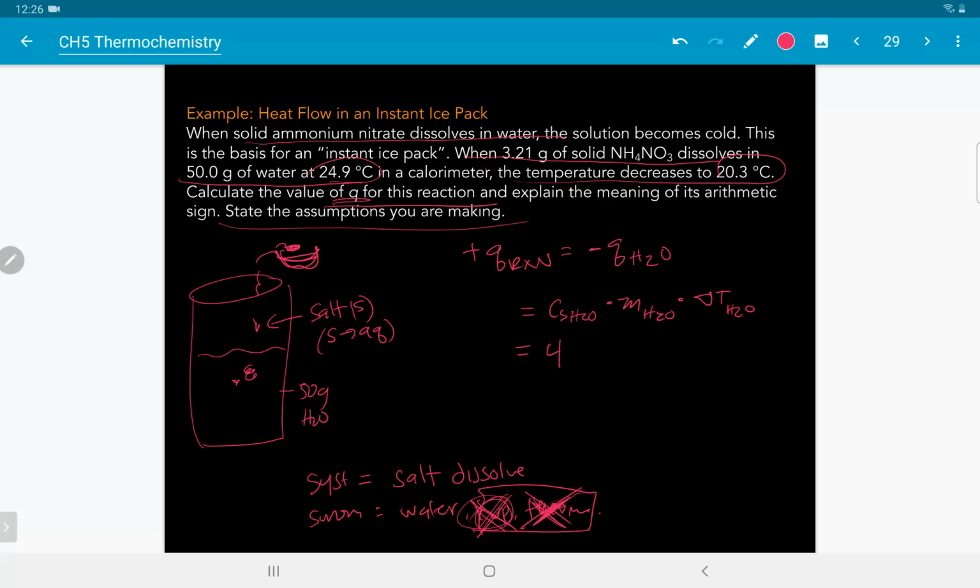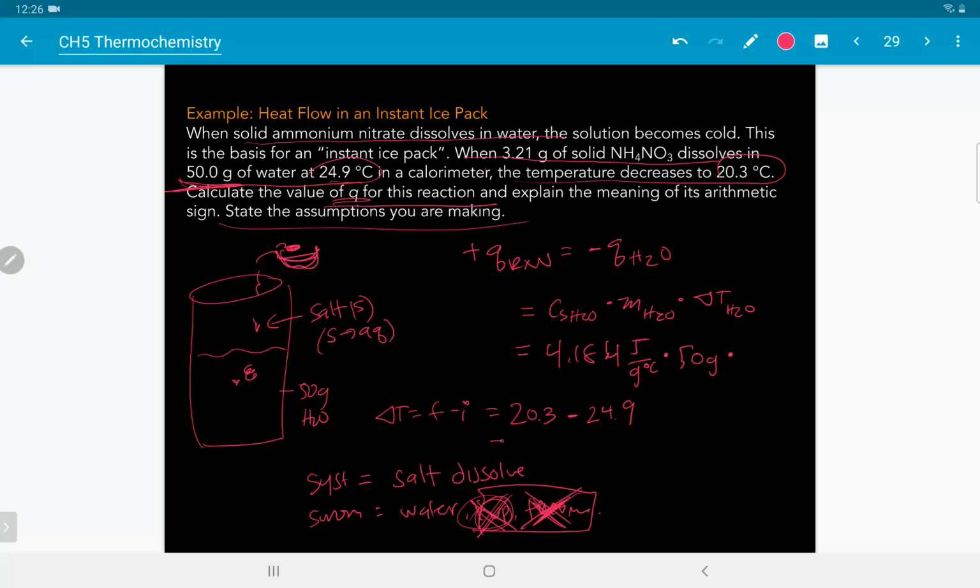Specific heat capacity is 4.184 joules per gram per degree Celsius. The mass of water, they even told us immediately, is 50 grams. And the change in temperature, delta T, is always final minus initial. The final temperature was 20.3 and the initial temperature was 24.9.